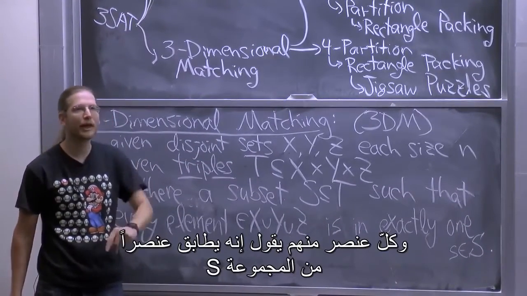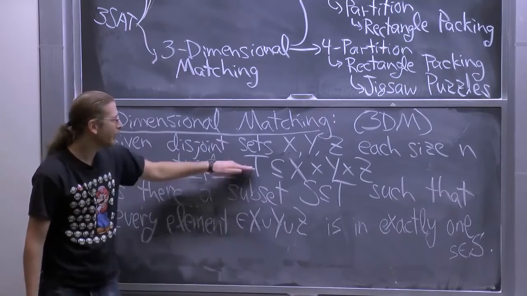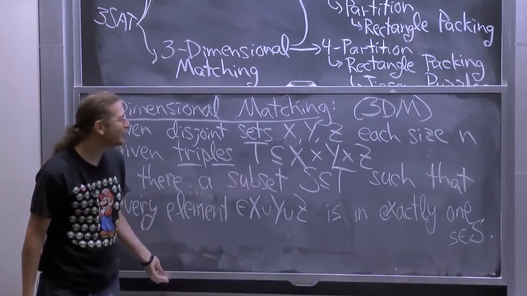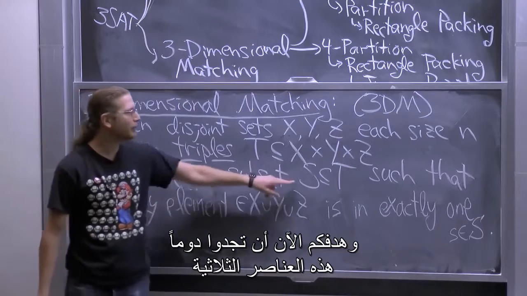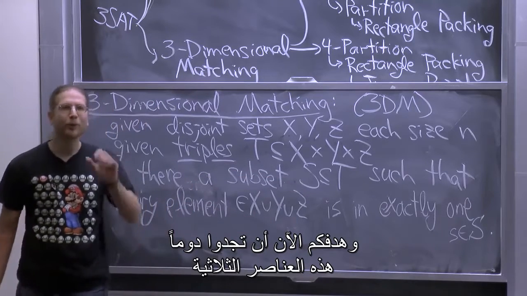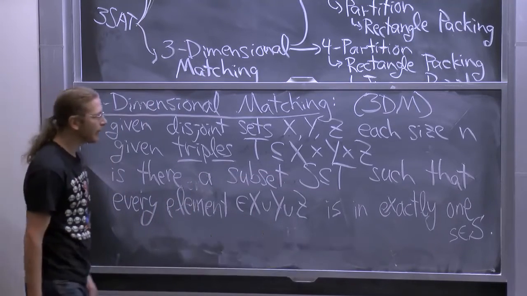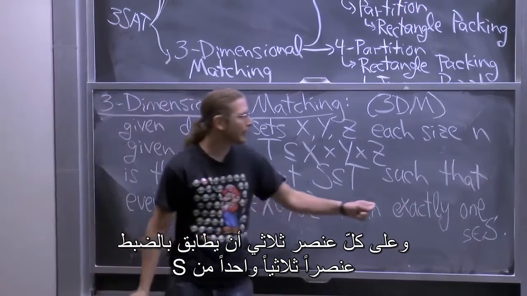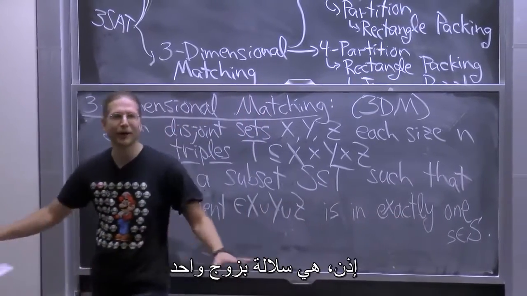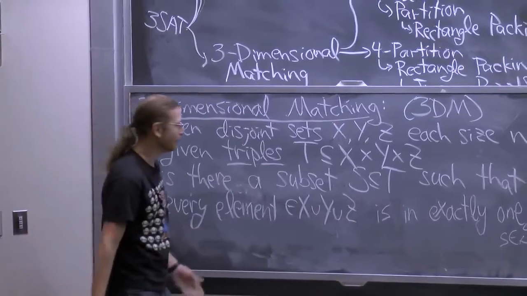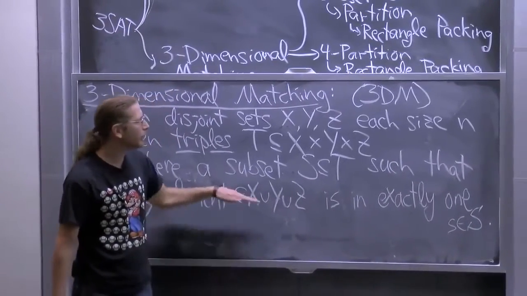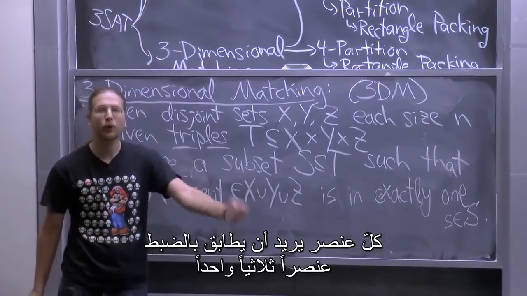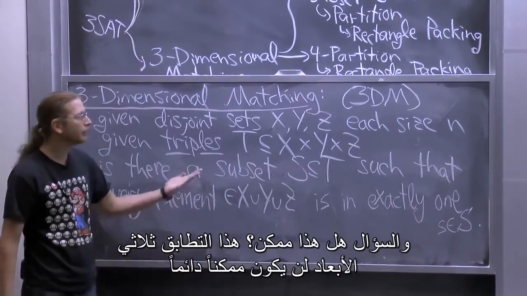For each of them, they say, yeah, I'd do that. So you're given that subset. And now your goal is to permanently triple up these guys. And everybody wants to be in exactly one triple. So it's a monogamous race, imagine. So everybody wants to be put in one triple, but only one triple. Okay, and the question is, is this possible?